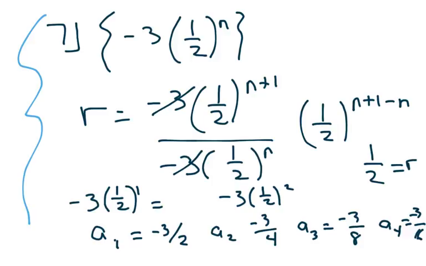Okay, the next set we have is we have to determine if it's arithmetic, geometric, or neither. If it's arithmetic, find the common difference. If it's geometric, find the common ratio. So we first have 15, and you can kind of clearly see that this is linear in terms, so it's arithmetic.